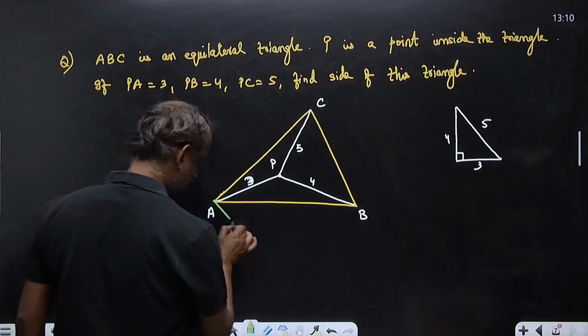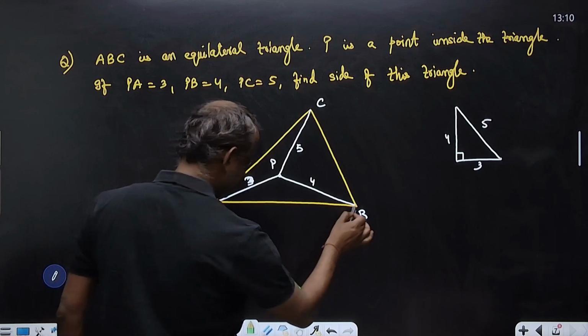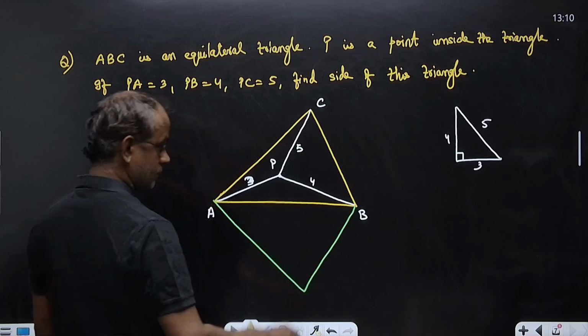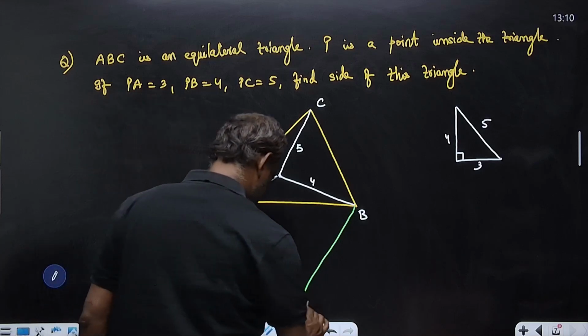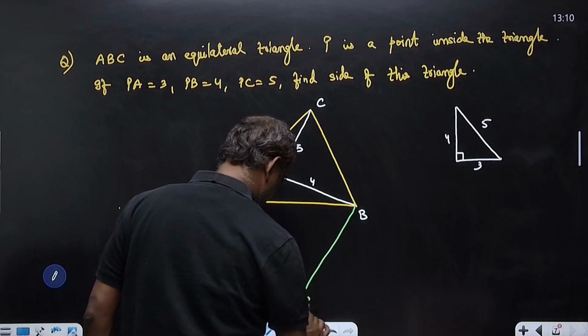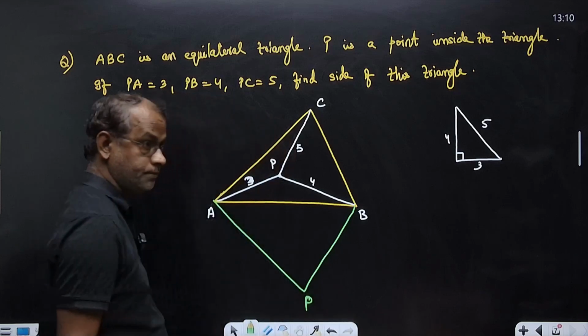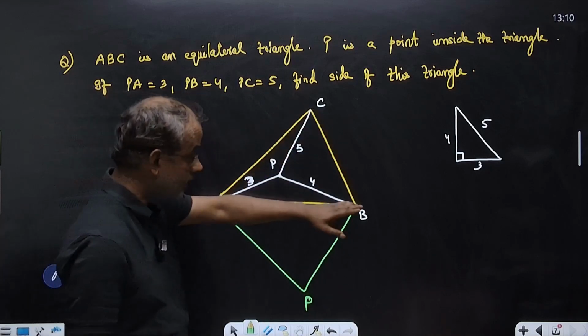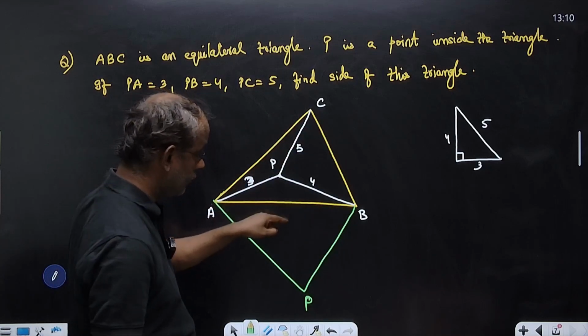You will get an equilateral triangle. Okay, so this is point P. C comes here, P also gets rotated.